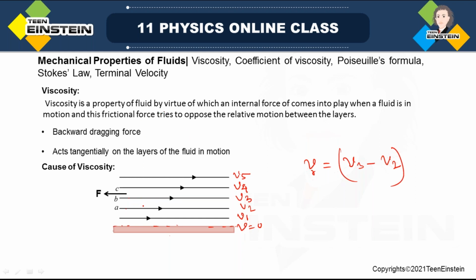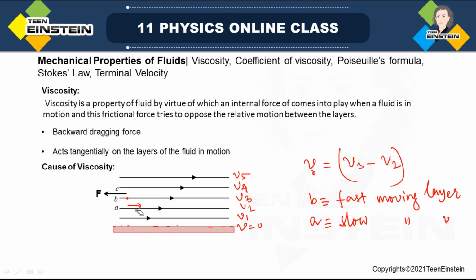But viscosity, what it does: B is the fast moving layer and A is the slow moving layer. The fast moving layer will try to drag the slow moving layer with its own speed, so that there will be no relative velocity between A and B.